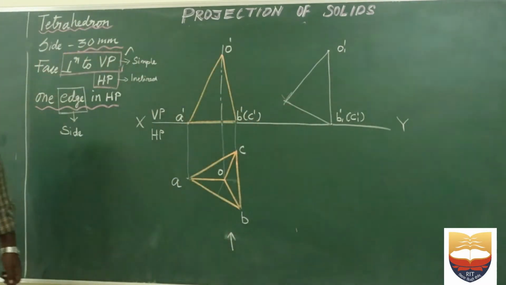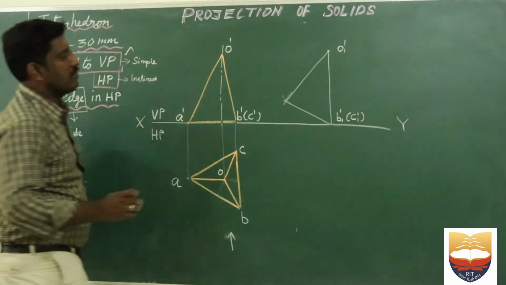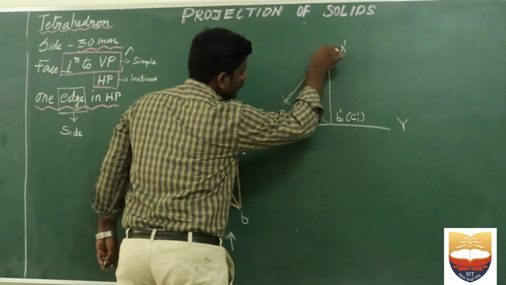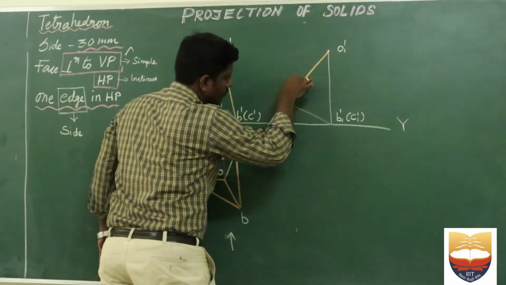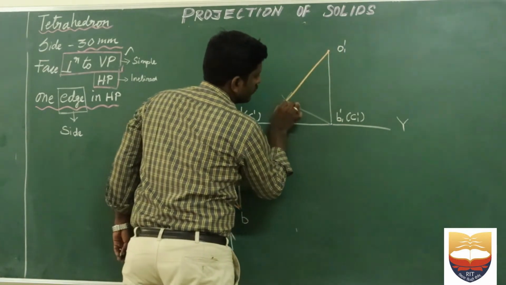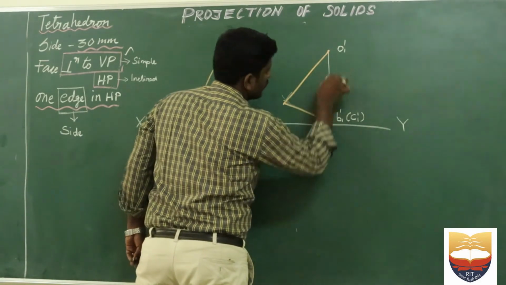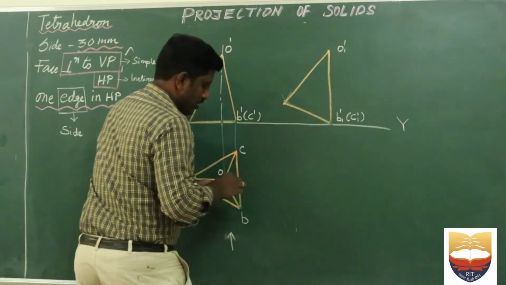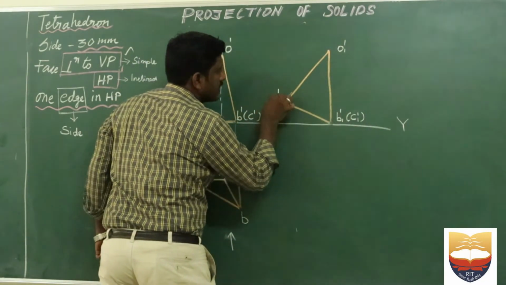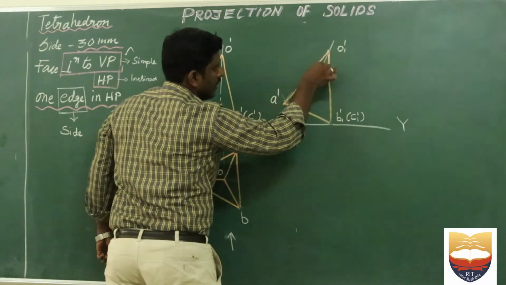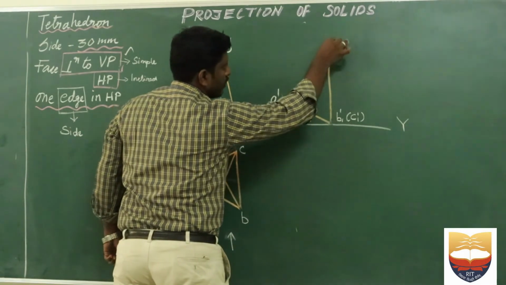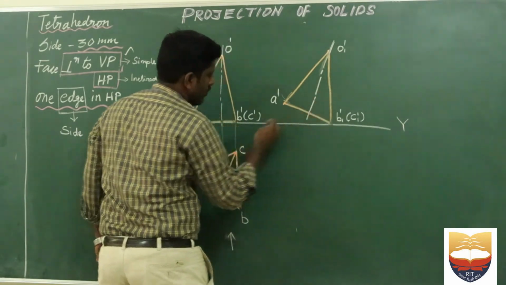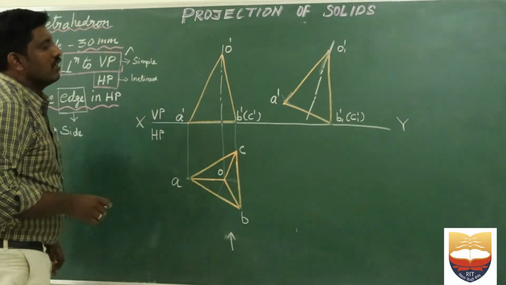Likewise I have completed my solid. Let me name this as A dash, and I have a center line here. You can also measure it from here and draw it. Now I have completed.